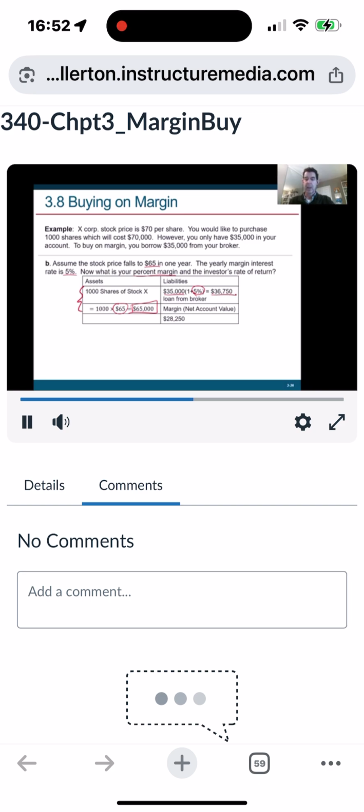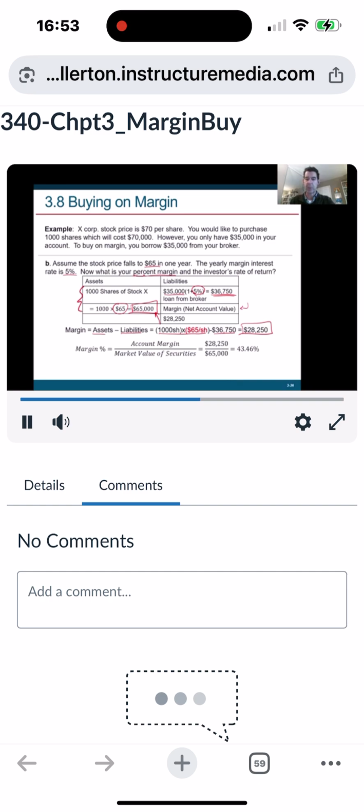All right. What do I do next? Always going to do these steps. I'm going to calculate the account margin. How do I calculate account margin? Assets minus liabilities. The assets here are worth 65,000. The liabilities, that's what I owe to the broker, 36,750. I take that difference. My account margin is now 28,250.